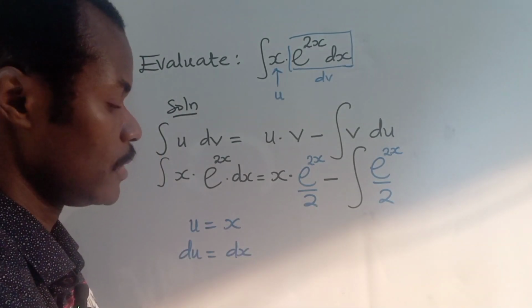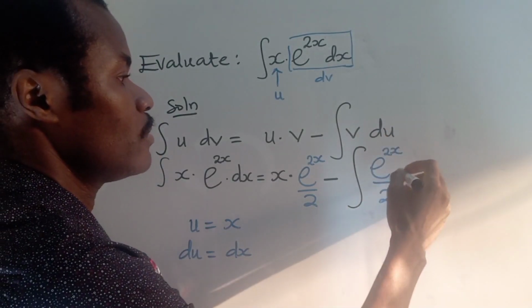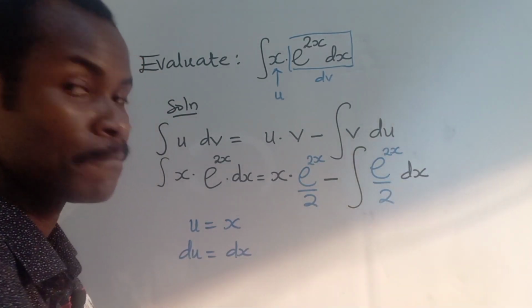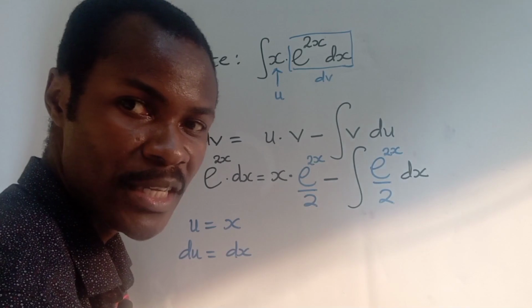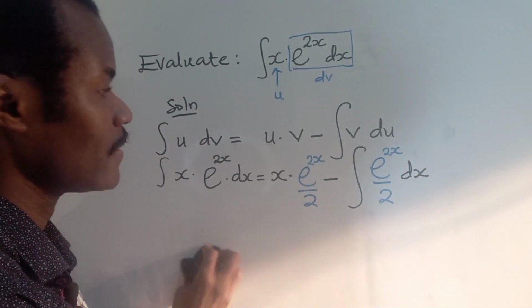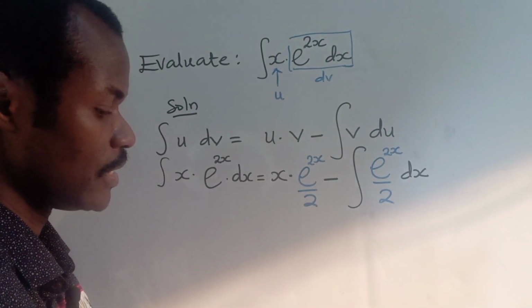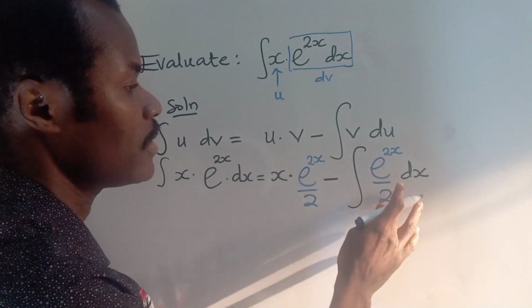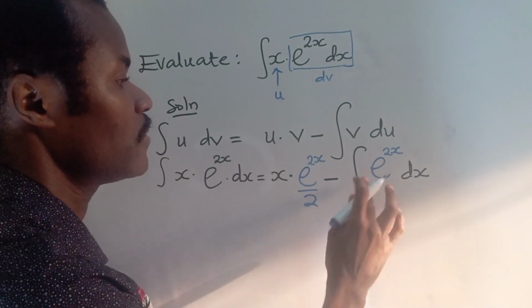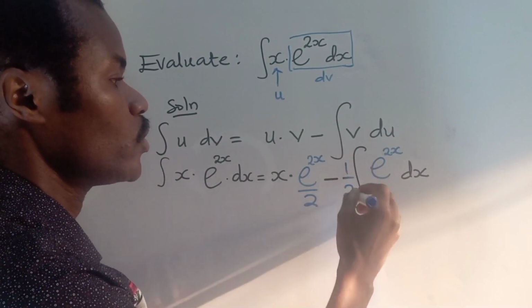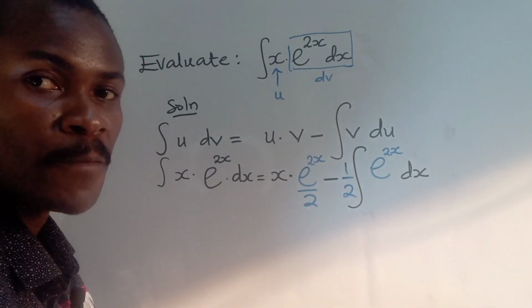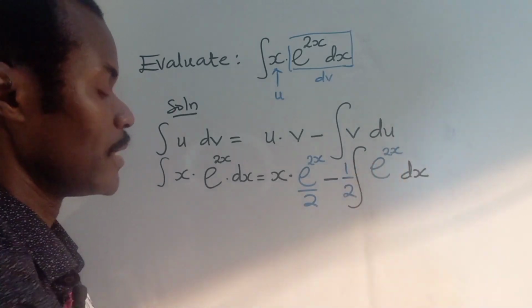So it means our du here is simply dx. Now that we've been able to get that, we can simplify this further. From this, I can simply bring this here as 1 over 2.